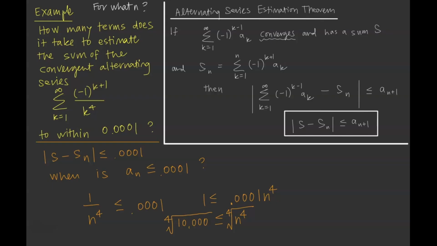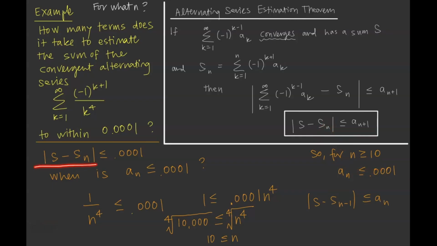We can do this even without a calculator, but just to double check, the fourth root of 10,000 is 10. So 10 is less than or equal to n. So for n greater than or equal to 10, a sub n will be less than 0.0001. And so if we take n equal to 10, then the ninth partial sum should be plenty.